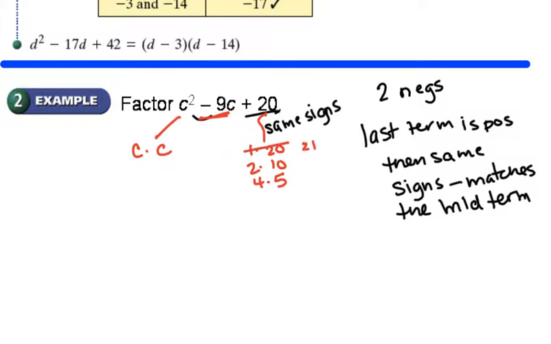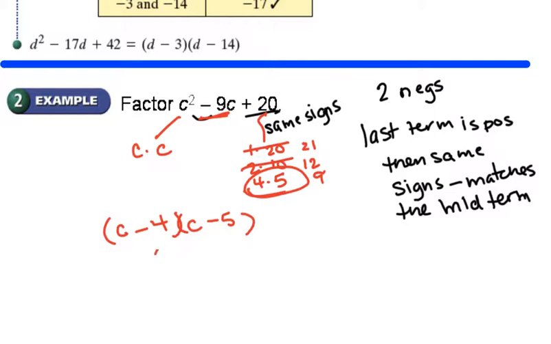That doesn't work. 2 and 10 would give you 12. That doesn't work. 4 and 5 is 9. There you go. So we're going to have c, c, and since they both have to be negative, it would be -4, -5.